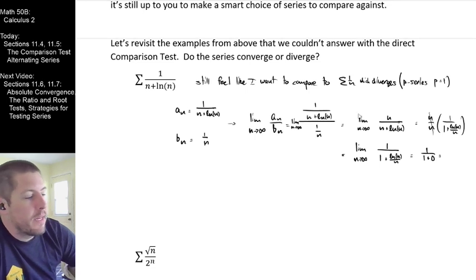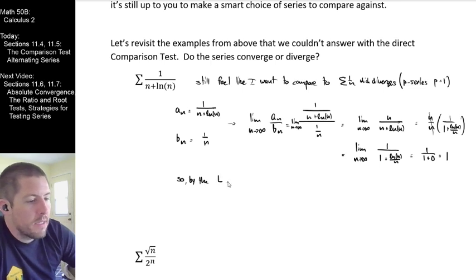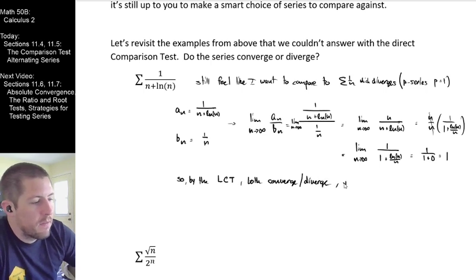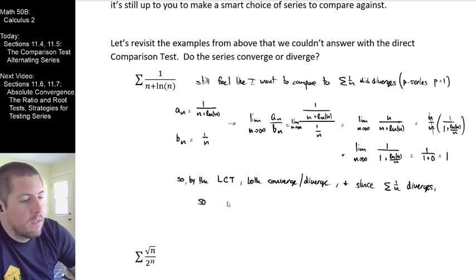And by the limit comparison test, both converge or diverge. And since the series 1 over n diverges, so does the series 1 over n plus ln n.